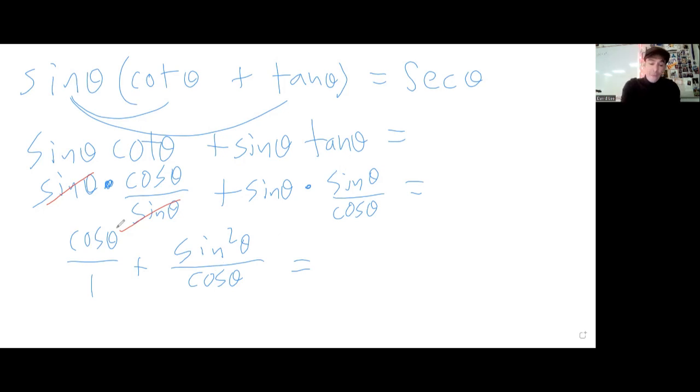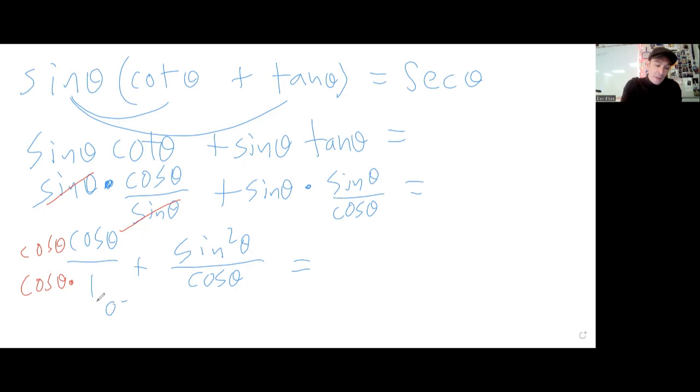So now we have a fraction plus a fraction, but the denominators are way different. So let's establish a common denominator. In red, we can get a common denominator of cosine theta. So here, that'd be cosine times cosine, which produces cosine squared.